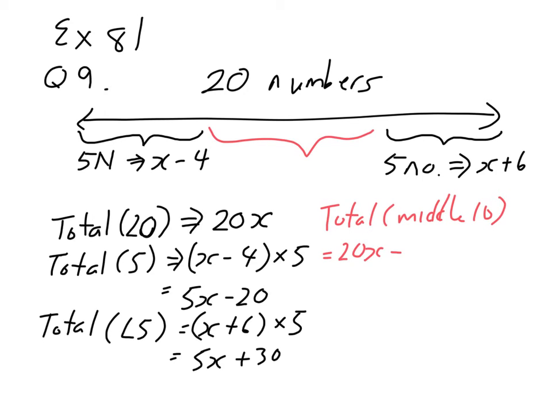So it will be minus 5x minus 20 and minus 5x plus 30. So 20x minus 5x minus 5x, 10x.